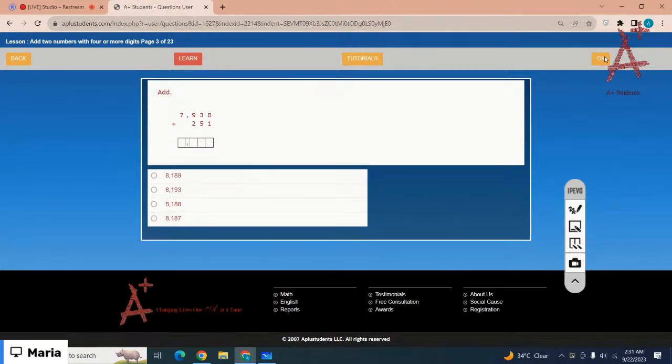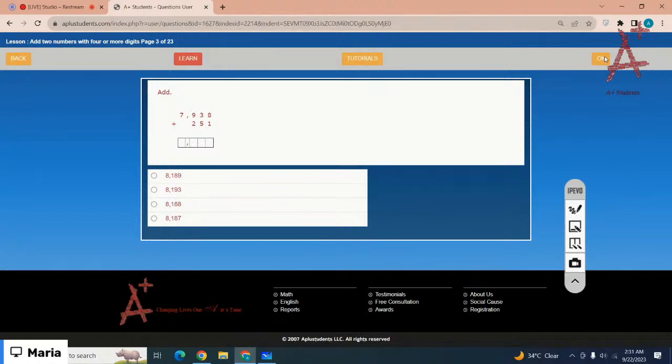Okay, add. Which is the correct option? Which option is the correct one? 8 plus 1 makes 9. 5 plus 3 makes 8. 9 plus 2 makes 11.